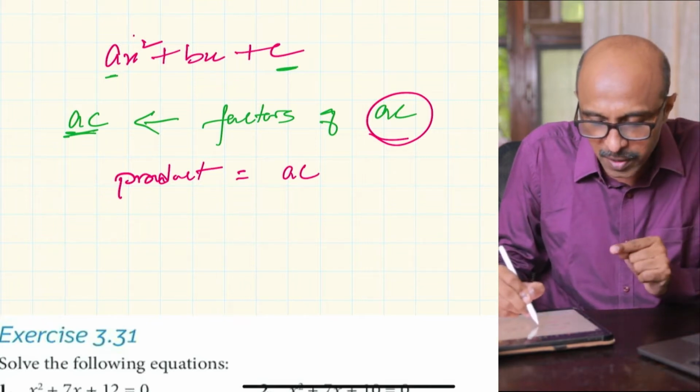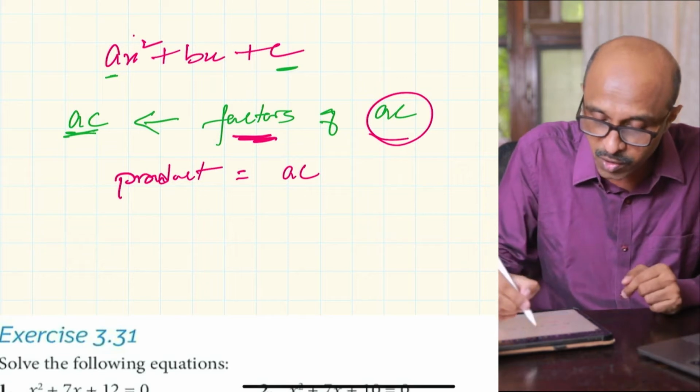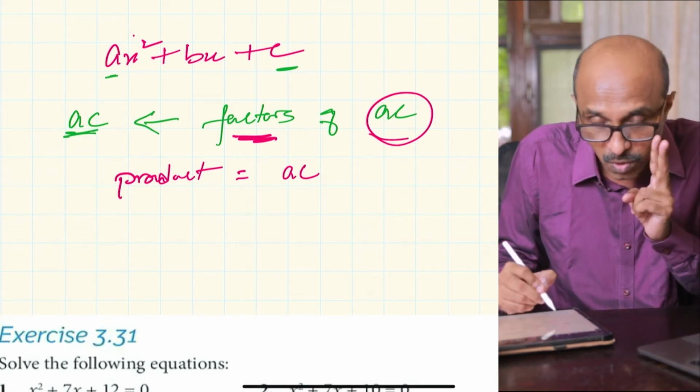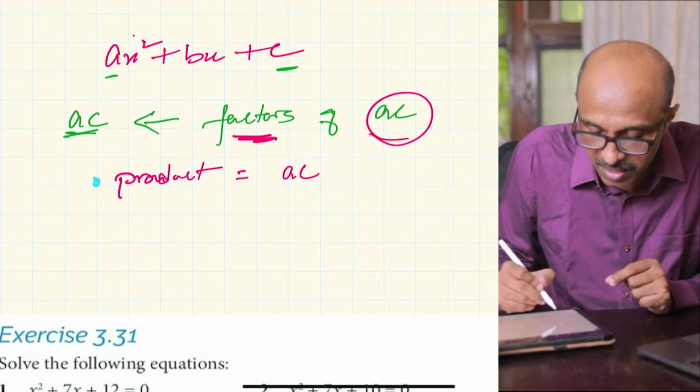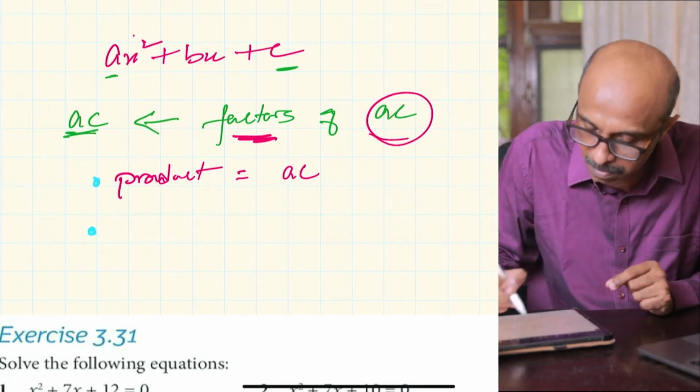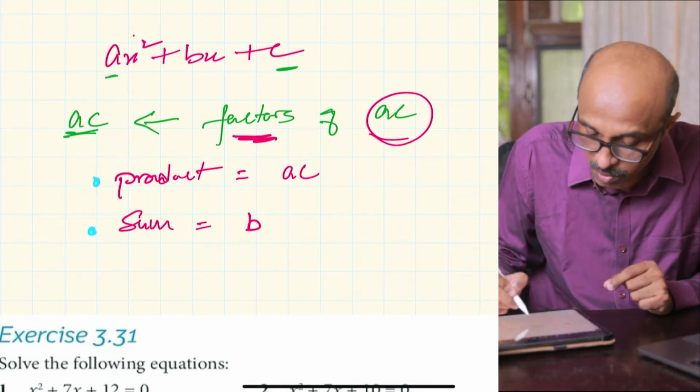So you're going to identify two special factors. There might be more than one combination, but you've got to find a pair of numbers, those factors, whose product is going to be ac and whose sum would be equal to b with the correct sign.